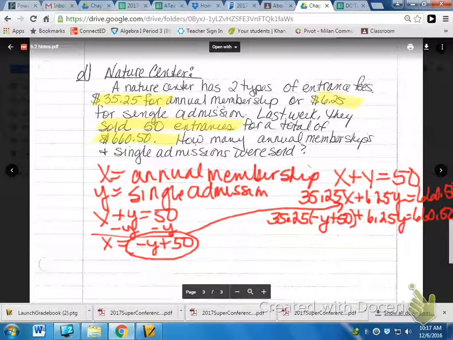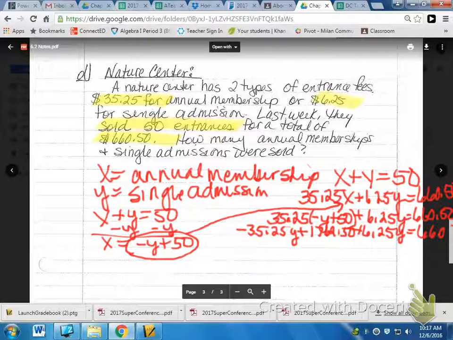Got to solve the equation. So here we go. Distributive. Negative 35.25Y plus, and I've already got this number, so I've cheated, 1,762.50 plus 6.25Y equals 660.50.